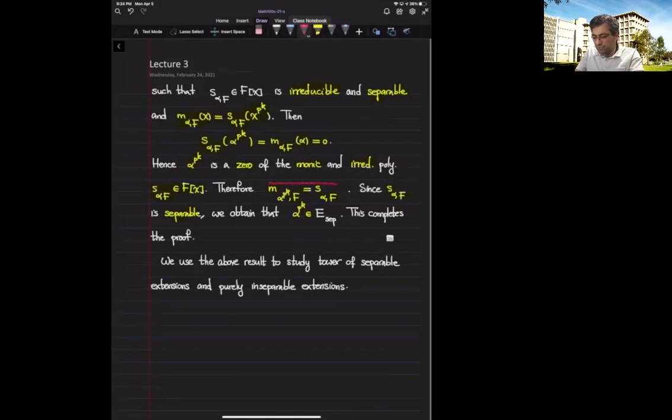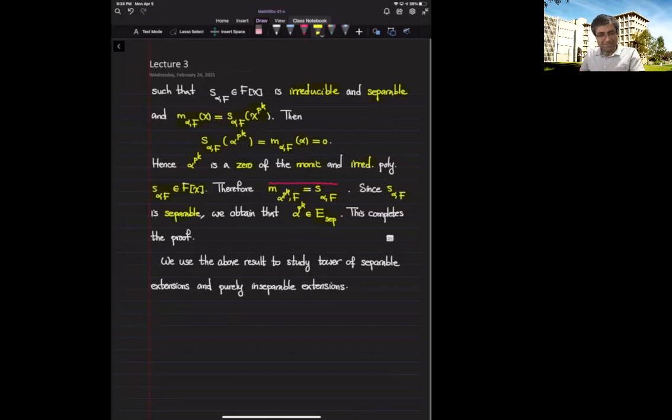So alpha raised to the power p to the k belongs to the separable closure of F inside E. This completes the proof. This shows that an arbitrary element alpha inside this field can be raised to some power of p and end up being in the separable closure of F inside E.